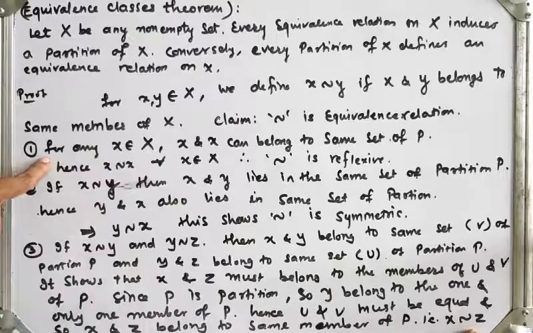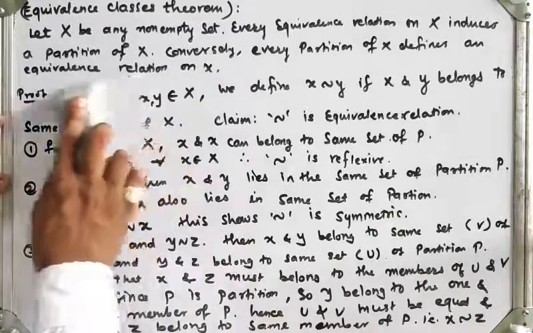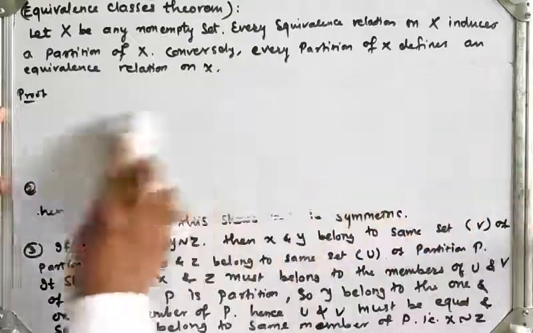So tilde is reflexive, tilde is symmetric, and tilde is transitive, which means tilde is an equivalence relation. Therefore we say that tilde is an equivalence relation.